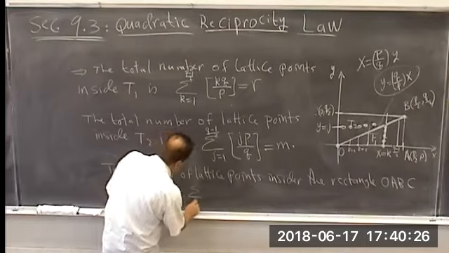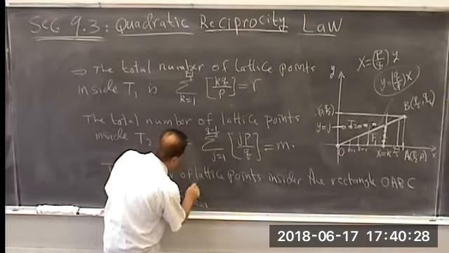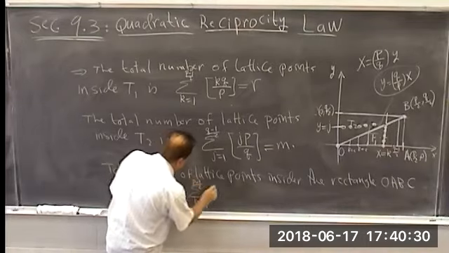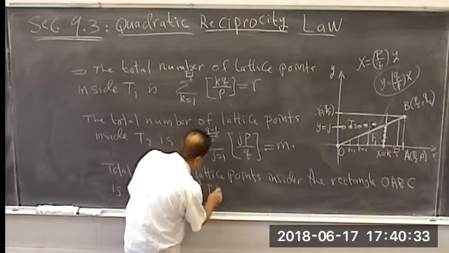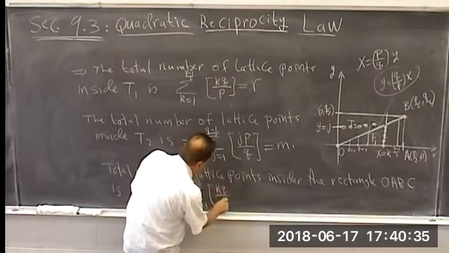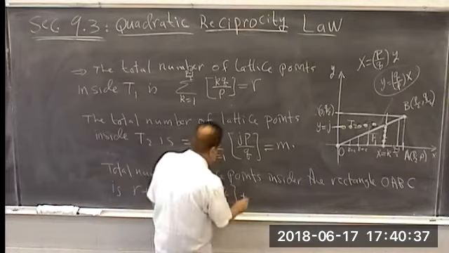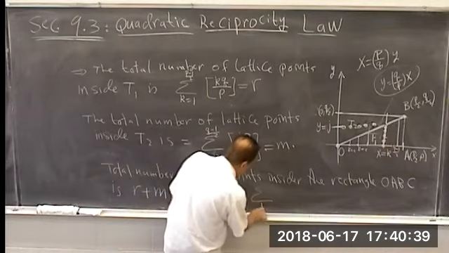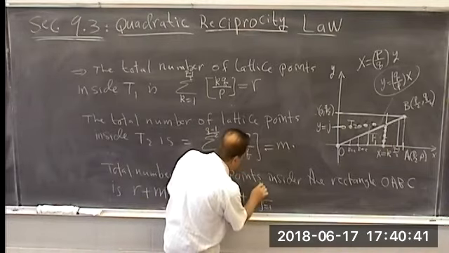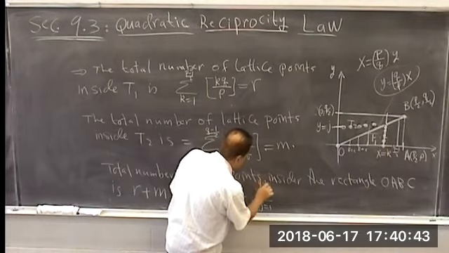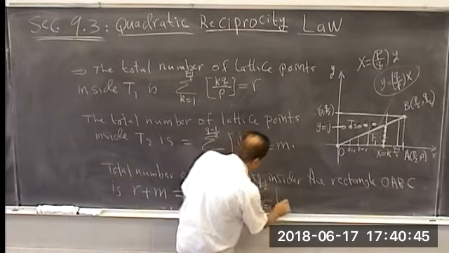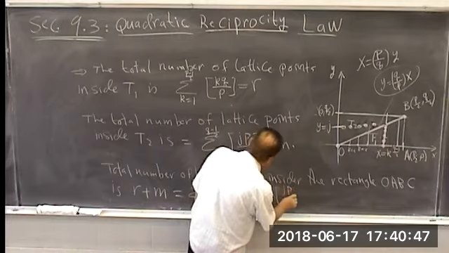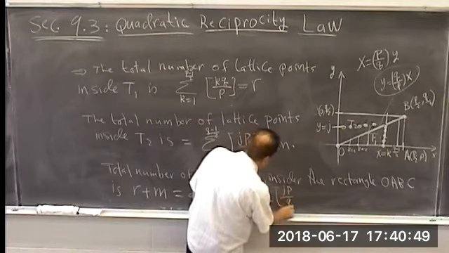We really don't need to. The sum from k equals 1 to (P minus 1)/2 of KQ over P, plus the sum from j equals 1 to (Q minus 1)/2 of JP over Q.